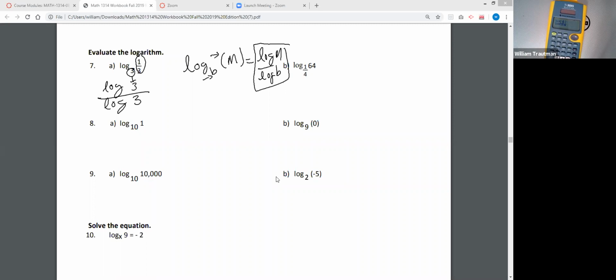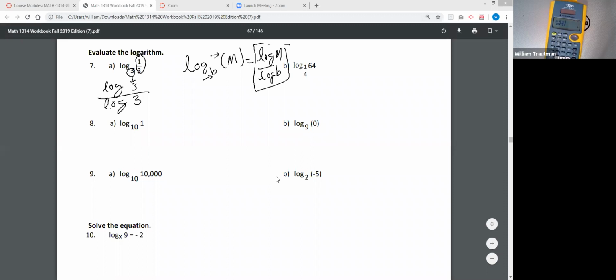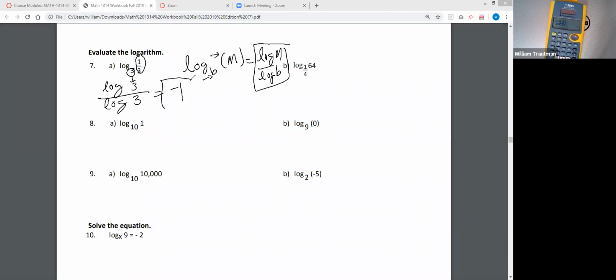This is called the change of base formula. So you put it straight in your calculator and it's going to give you the answer. And we got -1. Remember for 7a, we got -1? This equals -1. Okay, so you can do that for each of these. Here, the log of the top number divided by the log of the bottom number.